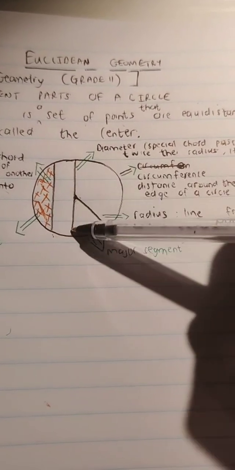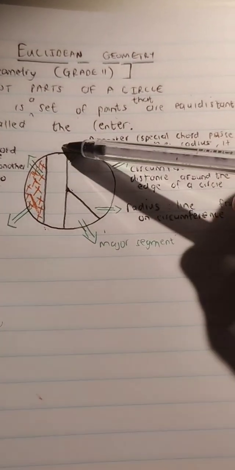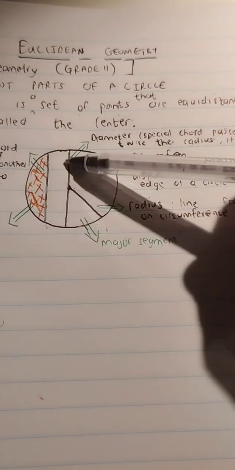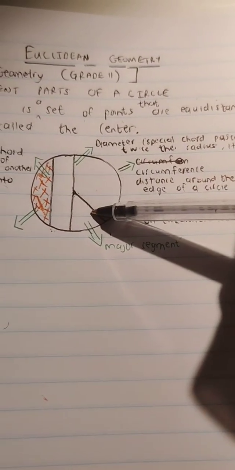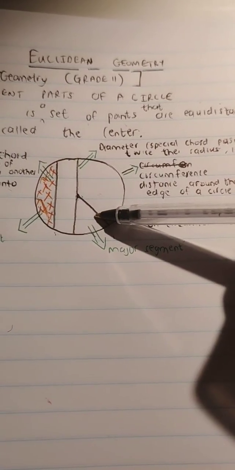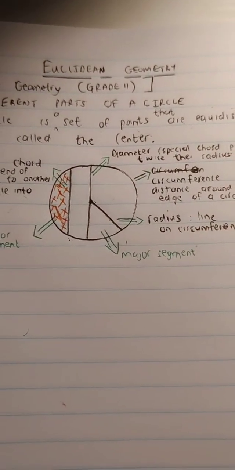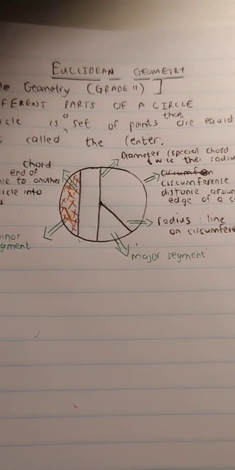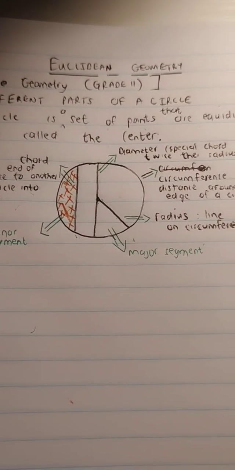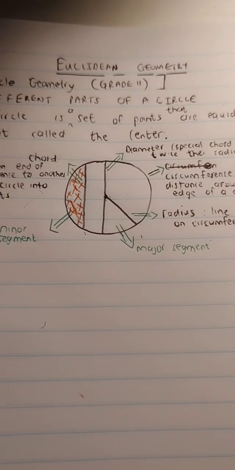So there is a semicircle that arises because of the diameter. Two semicircles that form equal segments, if you want to call it that as well.